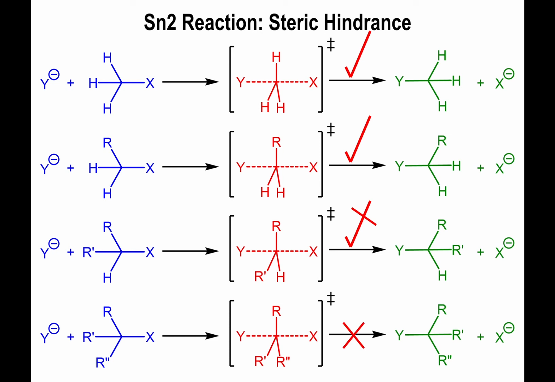Technically speaking, it doesn't happen. And so Sn2 reactions are really seldom seen with tertiary alkyl halide substituents. And it's important to keep that in mind because we are going to ultimately use that information to determine whether a reaction is likely to go by the bimolecular nucleophilic substitution mechanism known as Sn2.